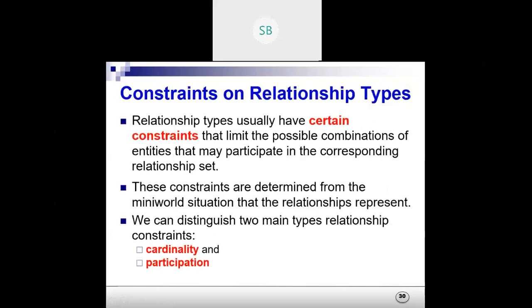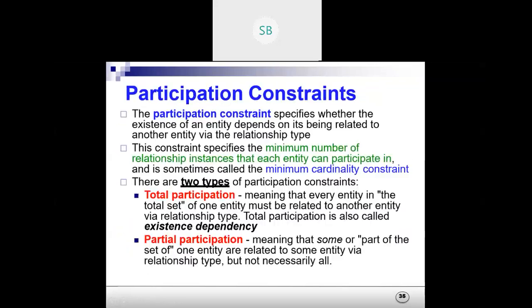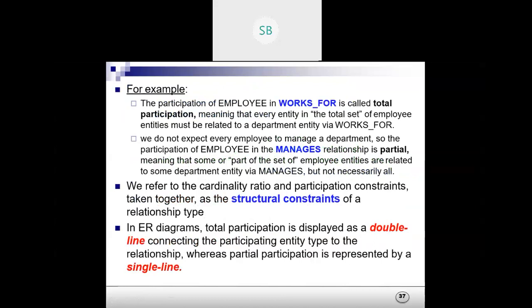Everything is clearly written, so you can just go through it. Basically this constraint specifies the minimum number of relationship instances, meaning participating entities, that each entity can participate in. We represent total participation by using a double line, and partial participation by using a single line.